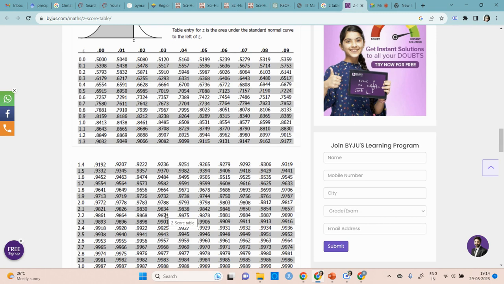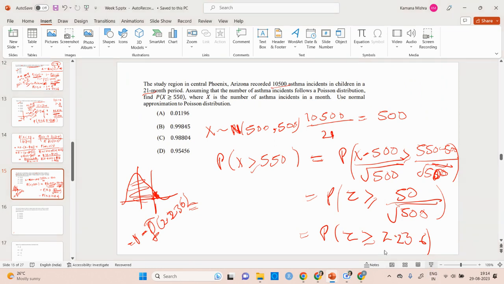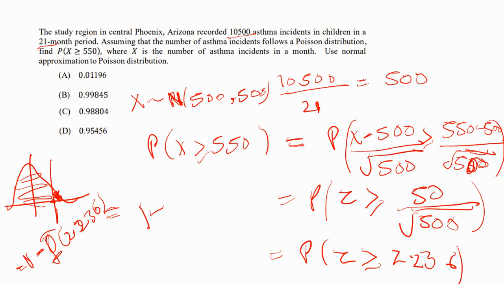So it will be 0.9871. So it will be 1 minus 0.987. Now you can see this is the only smaller value. So this will be the answer, or you can solve it just once. Okay.